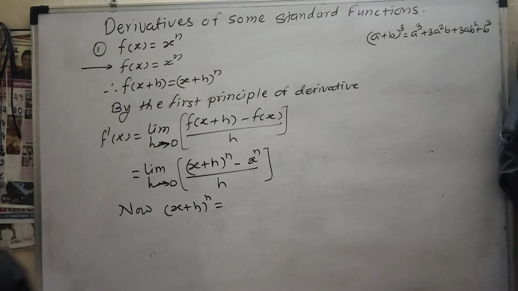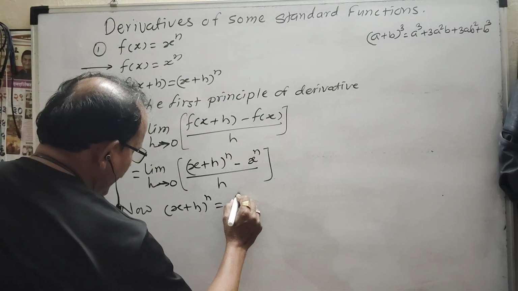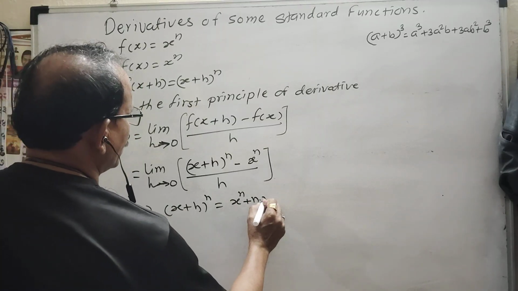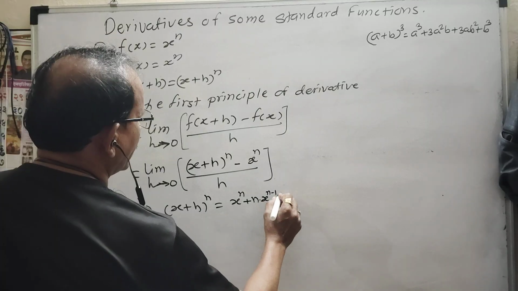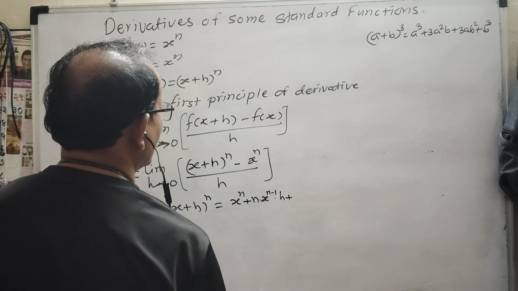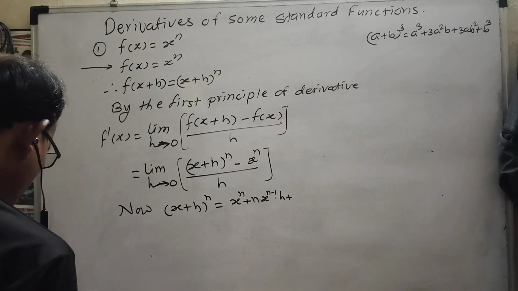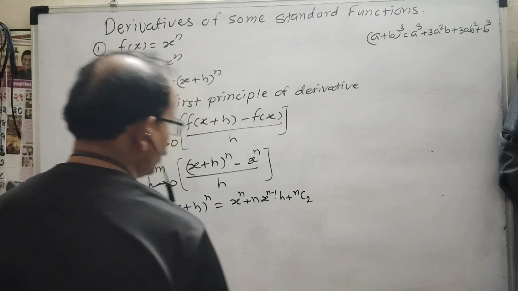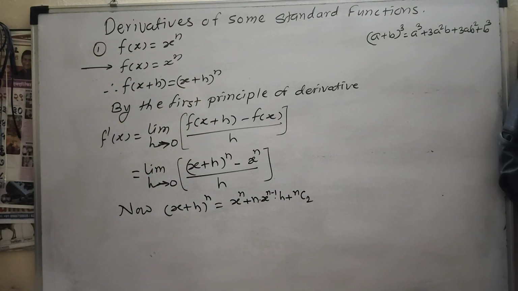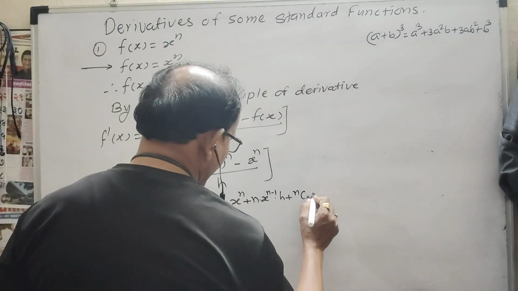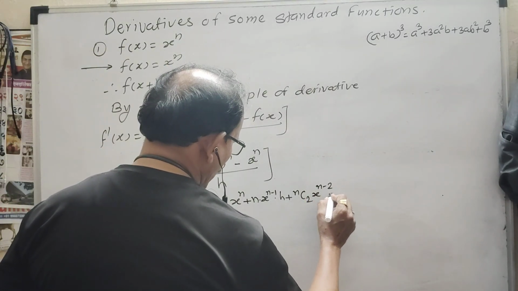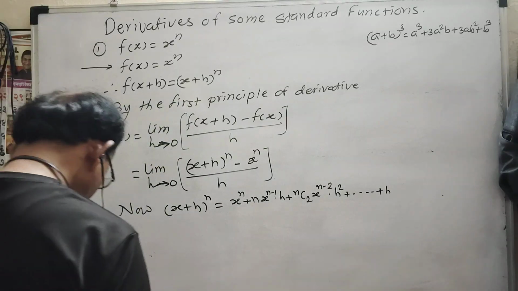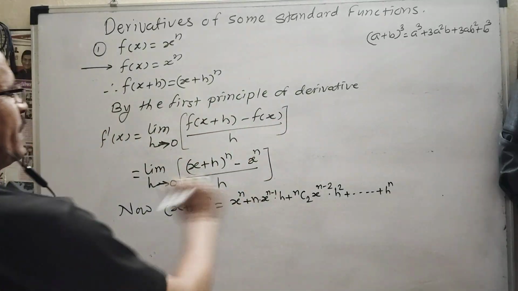So how to expand it? x raised to n plus n dot x raised to n minus 1 h plus nC2, which is the part of combination, x raised to n minus 2 dot h square plus dash dash dash h raised to n. It is the expansion of this bracket.